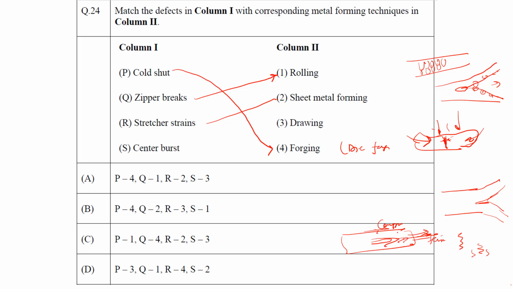If the synchronization is difficult, then in the middle there is some crack formation, which is called center burst. So it will be option A.